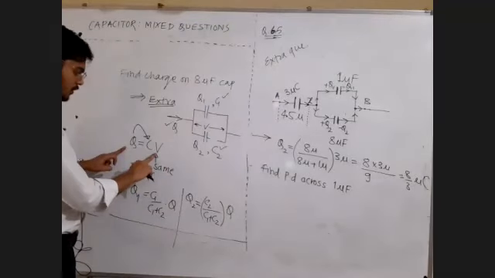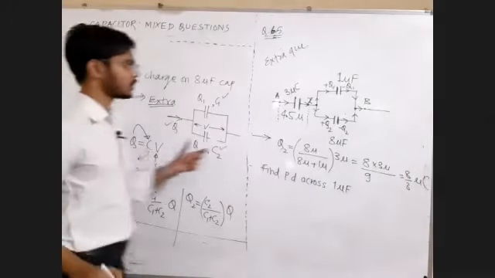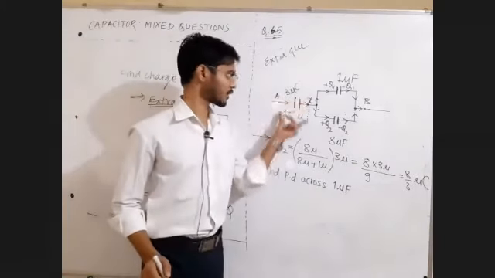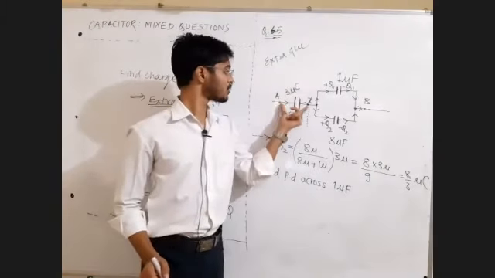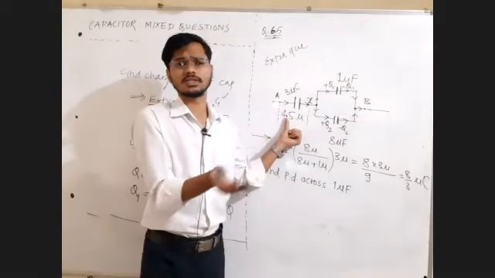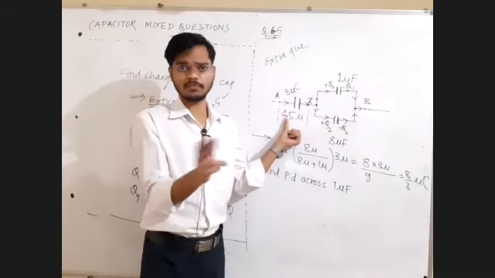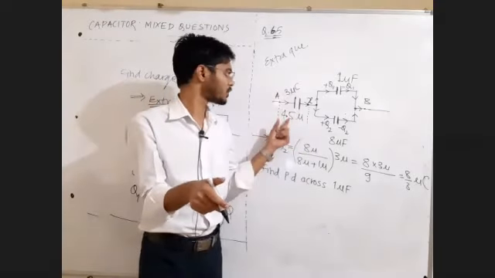Q equal to CV, V is equal to Q upon C, that you can very easily do. Anyone can do Q upon C and will get the answer.